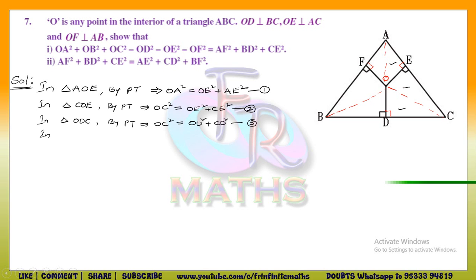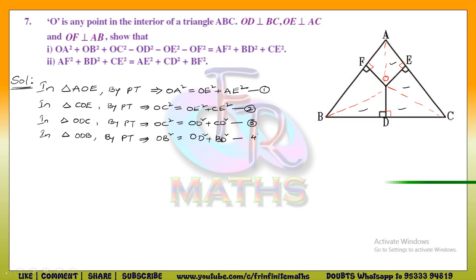The same way, moving on to the next triangle, what is the next triangle? ODB. Again by Pythagoras theorem, OB square is equal to OD square plus BD square, right?